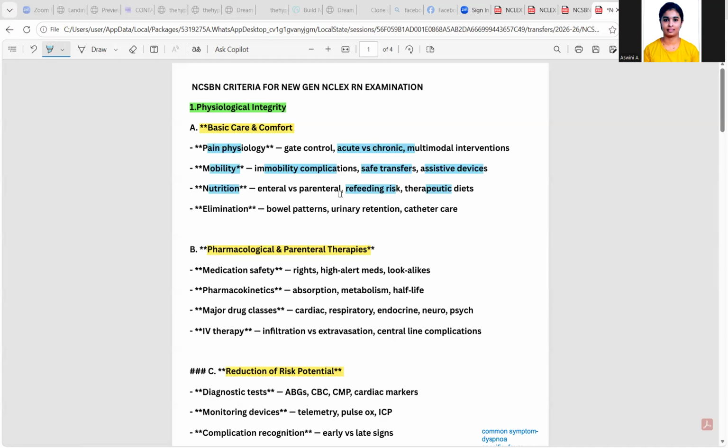For example, if the client is having renal diseases, a renal diet is recommended, that means the low sodium diet. And in case of cardiac patient, we are providing the cardiac diet. That means avoid fried items, avoid salt, fried items can be limited, and mostly we can include fruits and vegetables.